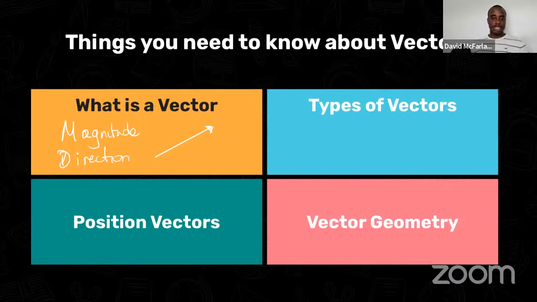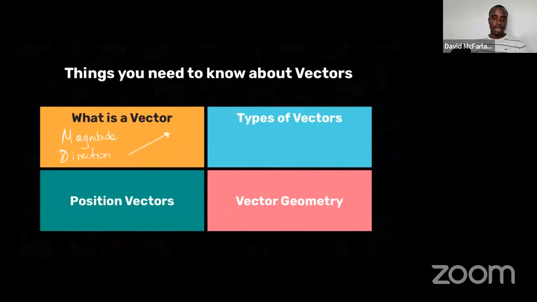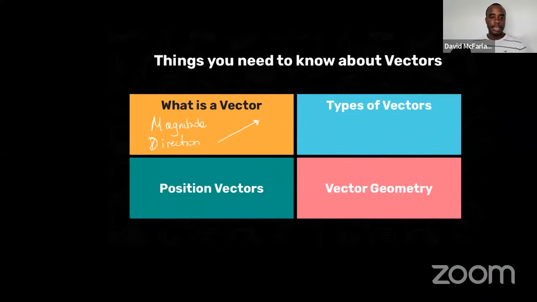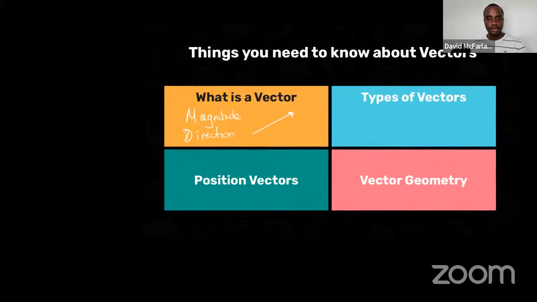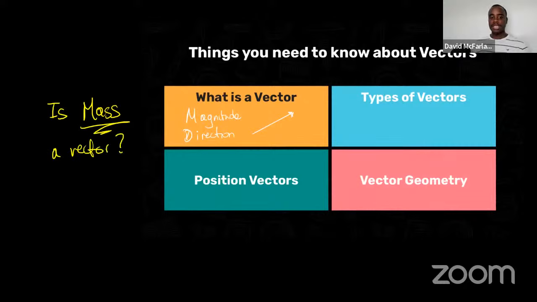Let me ask you guys a question just to see if you get the idea. Would you say that mass is a vector? Put a Y in the chat for yes, and put an N in the chat for no. Remember, a vector has to have magnitude and direction. Let me see what you guys are thinking.